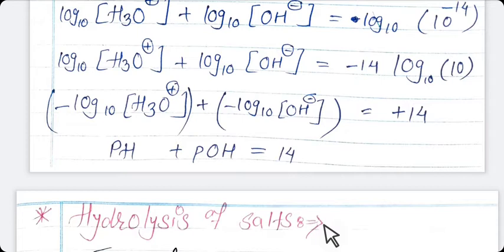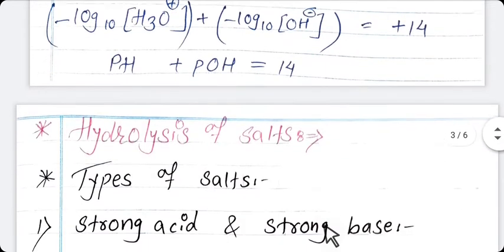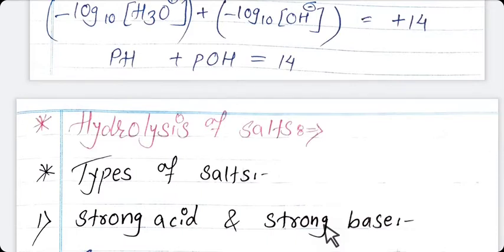Now the types of salt. There are 4 types of salt.